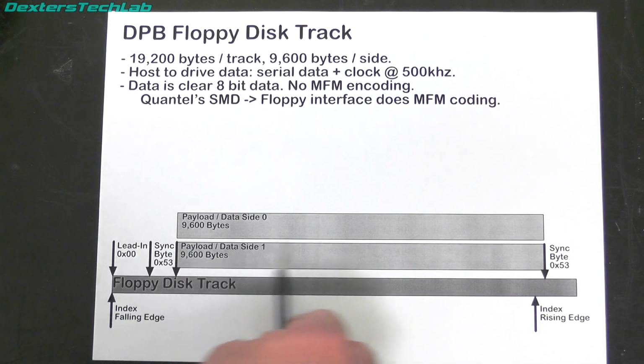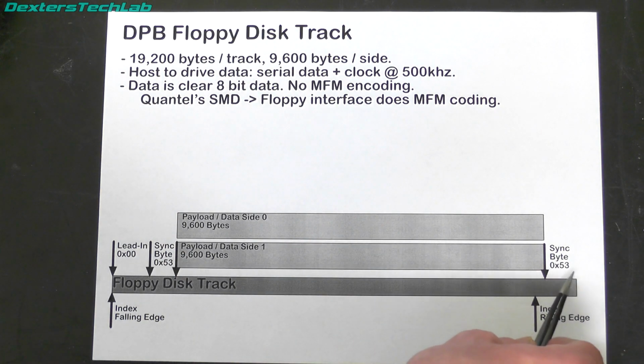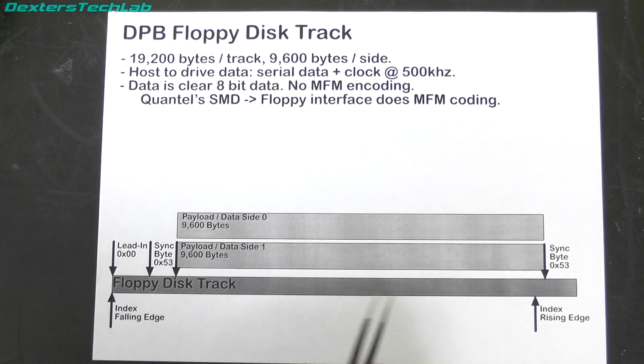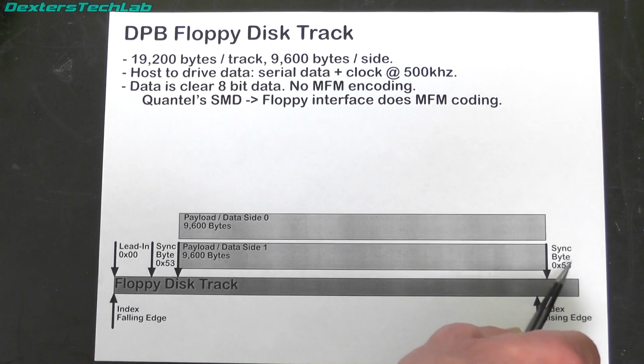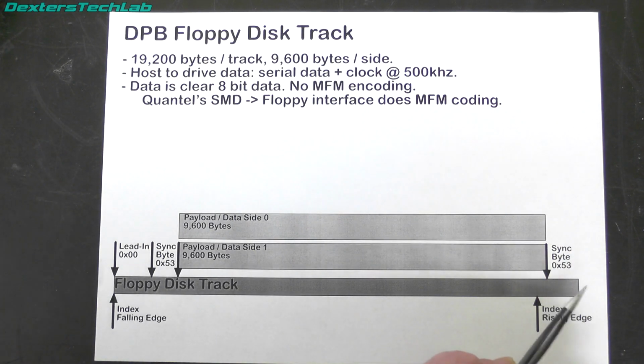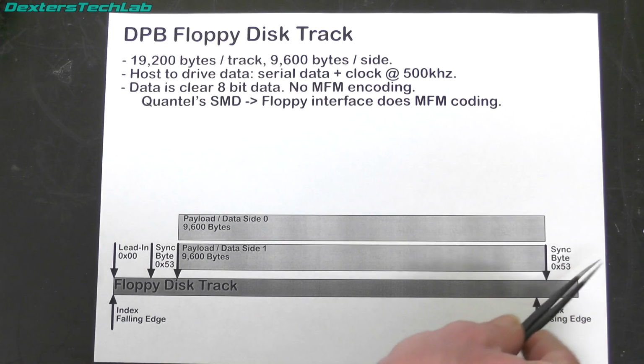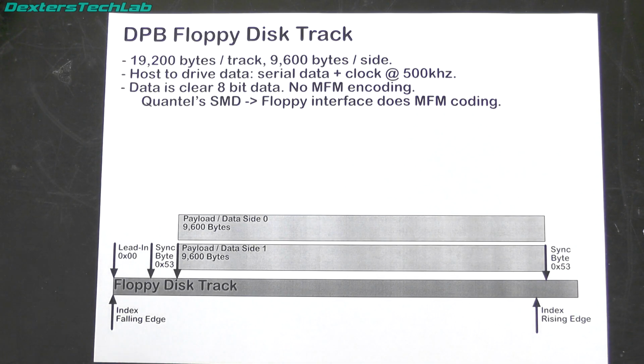So the data plays out along the track, and at the end of the data we have another sync byte, 0x53. I'm not sure if this is actually really used in the software. I can't really understand how it would be, but it is definitely there. I've actually looked at all these on a logic analyzer and grabbed entire bit streams that come off the disk.